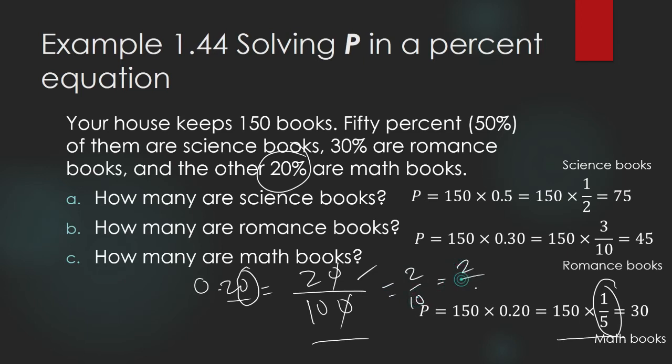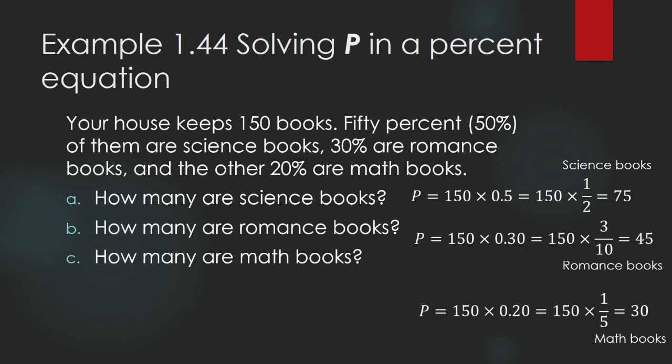The factors of 10 are 5 times 2. 2 divided by 2 is 1. So you are left with 1/5. That is where 1/5 came from. It came from 0.2. And what is 150 times 1 over 5? Well, it's the same as 150 divided by 5. And that is equal to 30.